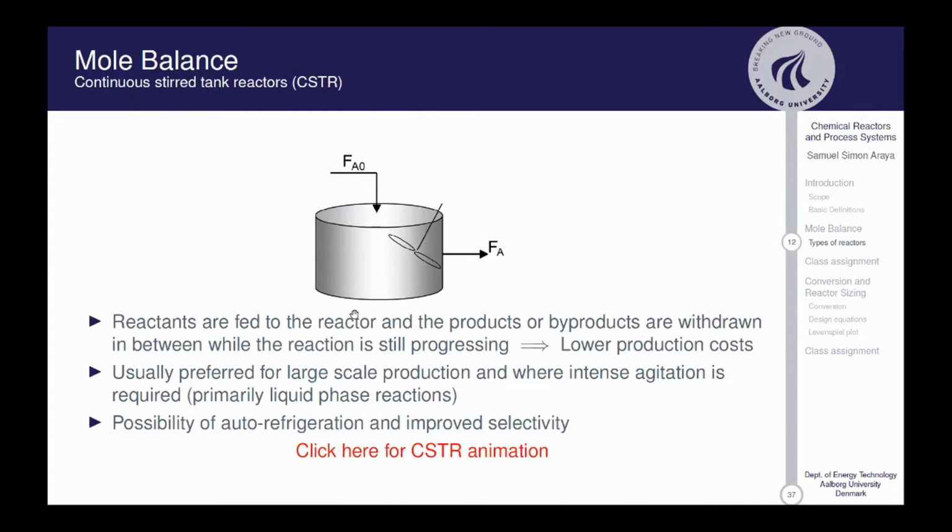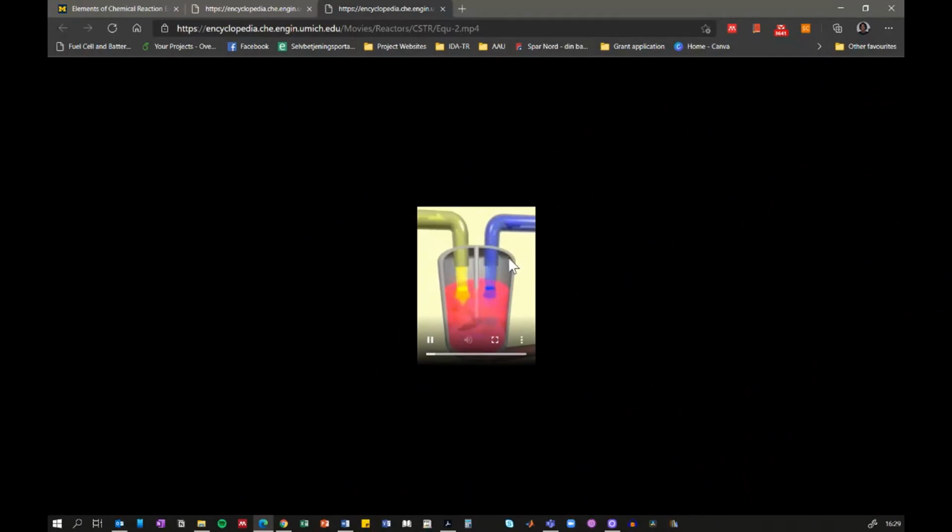For example, some products might need longer to react, so you can just put another reactor in, and you will have better conversion as you proceed. Okay, and just to see how this looks, we have this animation here, and you can see the color does not change.